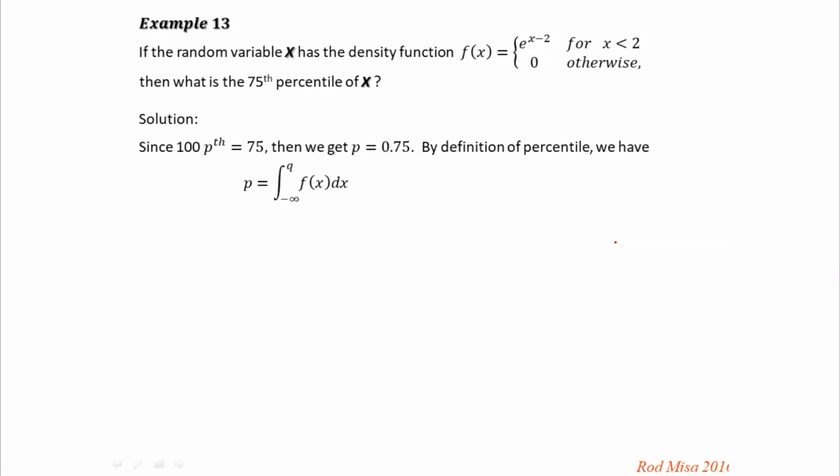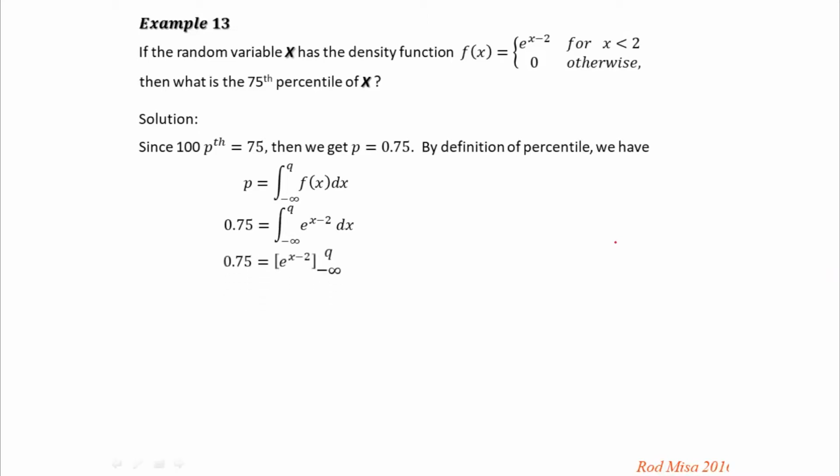Our goal is to find q when our percentile is 75. Substituting p of 0.75, we have the integral of e to the power x minus 2 dx from negative infinity to q, because our f is e to the power x minus 2.